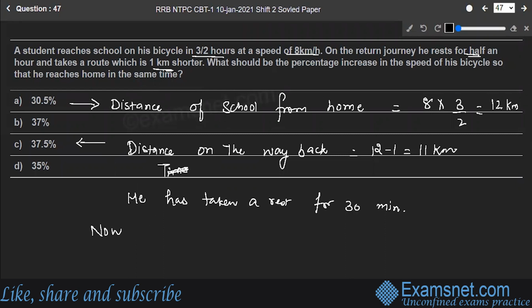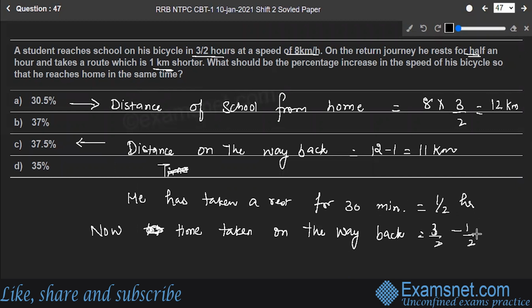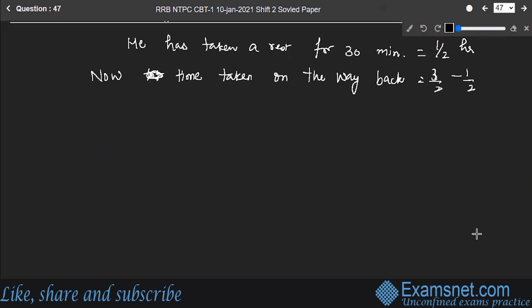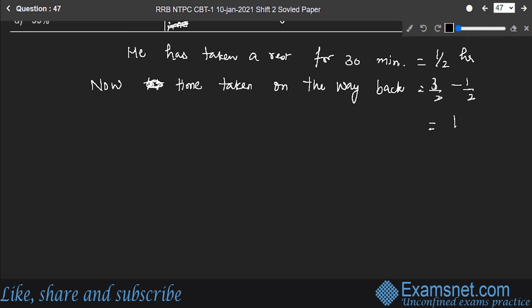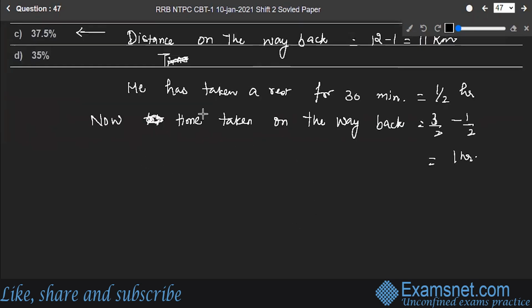Now, time taken on the way back is 3/2 minus half. 30 minutes means half an hour. So 3/2 minus 1/2, which is equal to 1 hour. Right? So this is the distance. Distance was equal to 11 kilometers and the time is this.